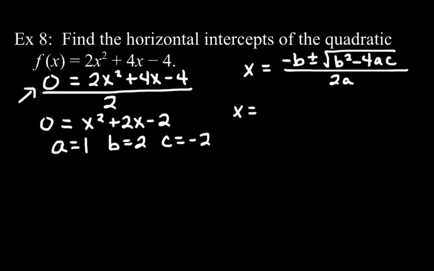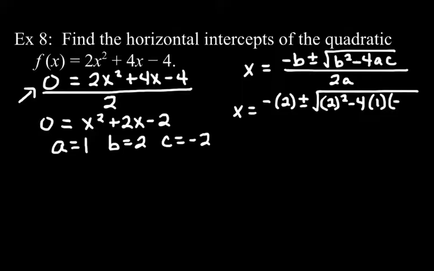So x equals the opposite of b, so that's the opposite of 2, and I always like to put parentheses around my input values. And then we're going to have 2 squared minus 4 times a, which is 1, times c, which is -2, over 2 times a, which is 1.